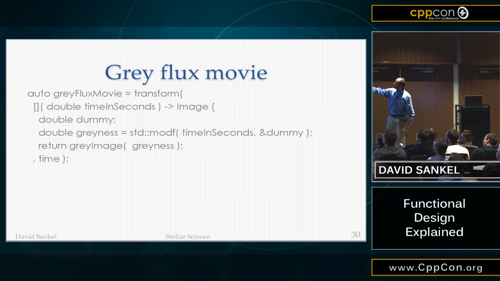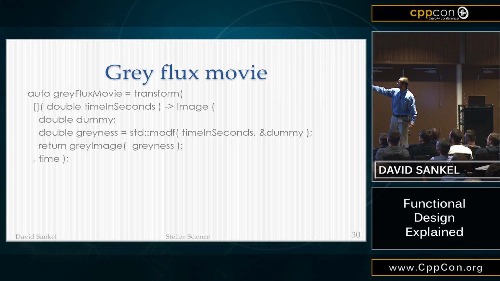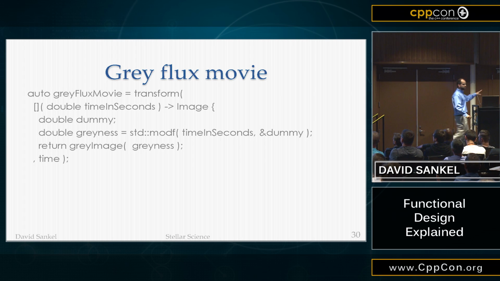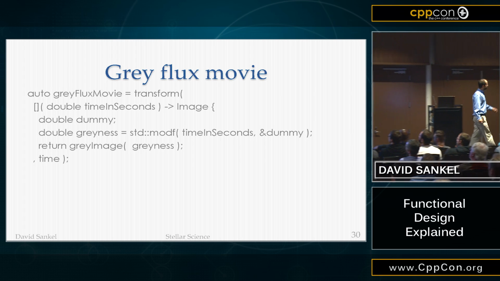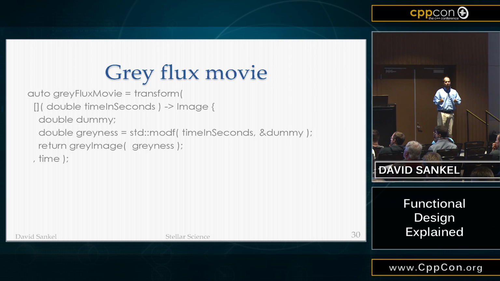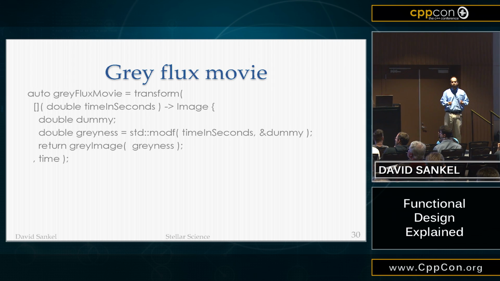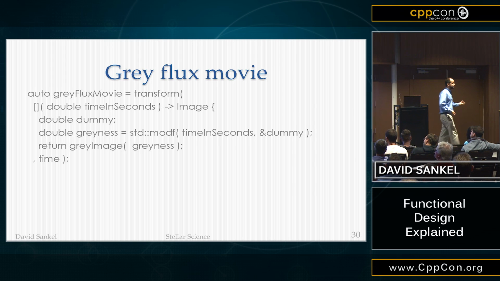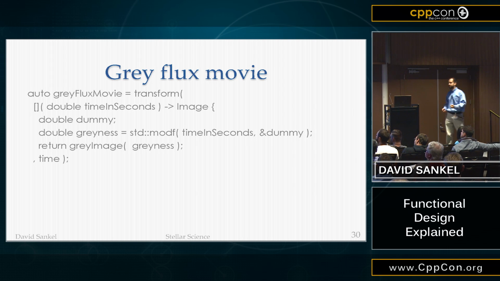Then we use std mod f to basically get the part after the decimal point for the time in seconds, and return a gray image with that kind of grayness. And that's it. We've made a fluctuating movie. So you can see that we're coming up with these tiny little pieces, but you put them together and you get an extremely powerful language for defining movies. If we had defined it in frames and all this other kind of stuff, we wouldn't get this kind of power. So again, we're trying to get to the essence of the problem that we're trying to solve.